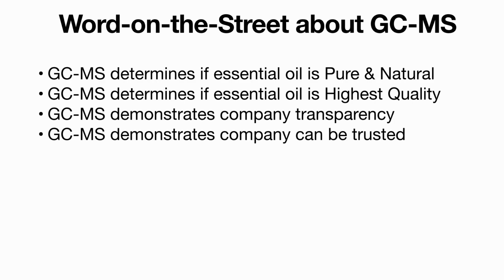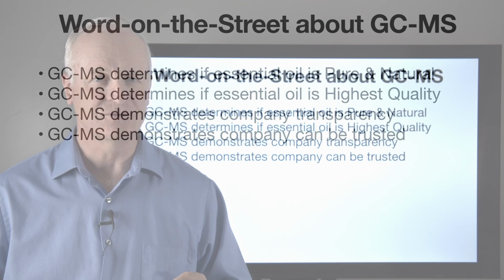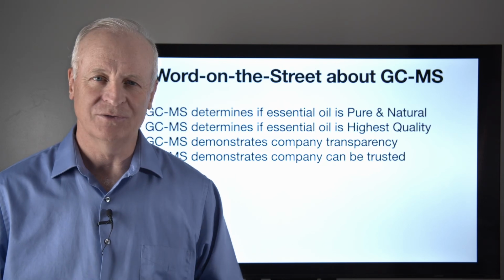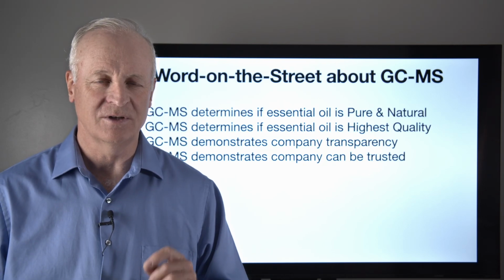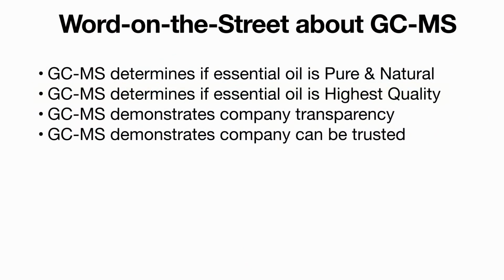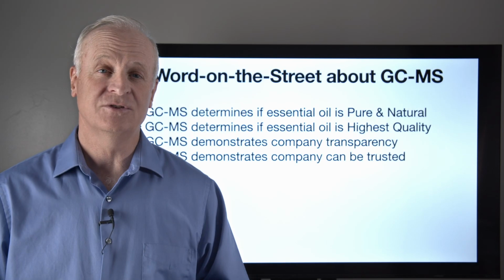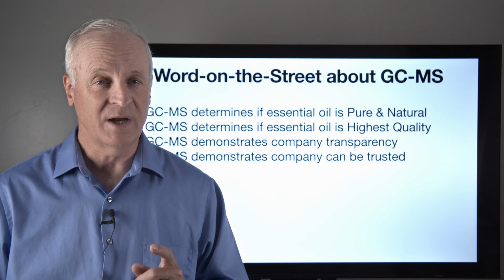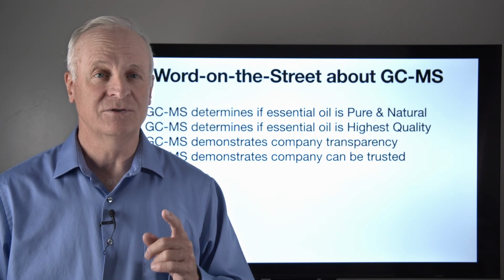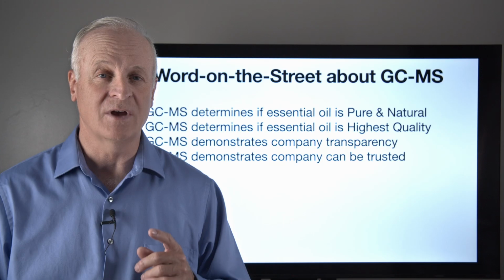First of all, GCMS determines if an essential oil is pure and natural. That's false. The GCMS cannot do that all by itself. The GCMS determines if an essential oil is the highest quality. Yes, the GCMS can help, but all by itself, it cannot determine whether an essential oil is the highest quality or not.